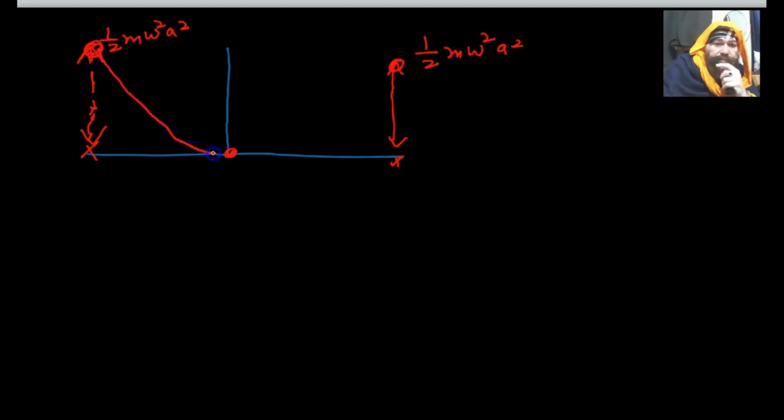So the graph becomes this, the graph for potential energy. And the graph for kinetic energy was this.